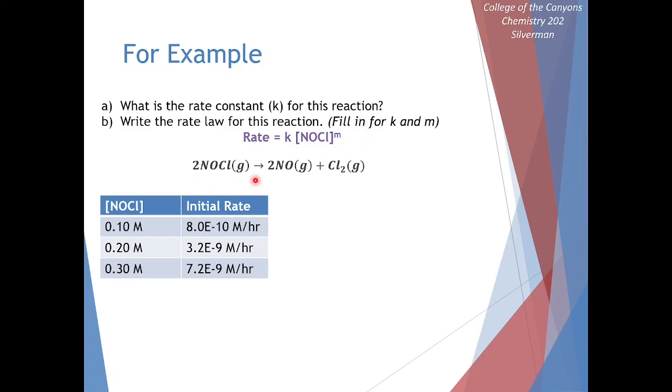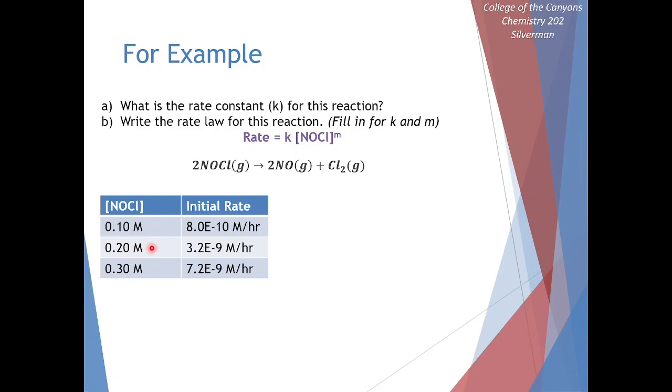All right, with our balanced reaction, we can write out our rate law. Rate is equal to k times concentration raised to the m. Now we need some experimental data. Here we've run 3 trials. With a concentration of 0.1 molar NOCl, the initial rate is 8 times 10 to the negative 10.